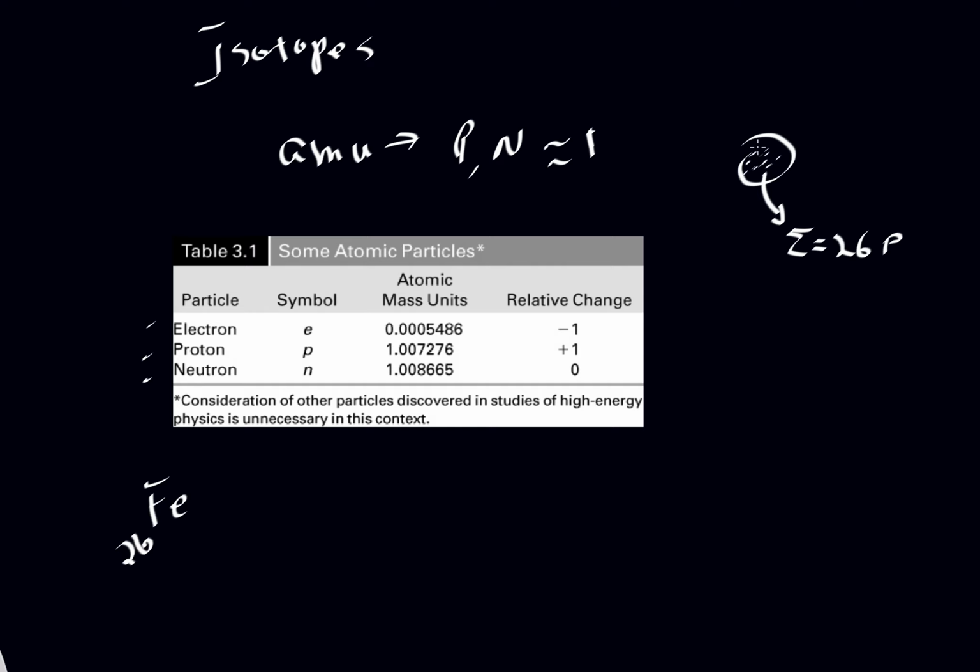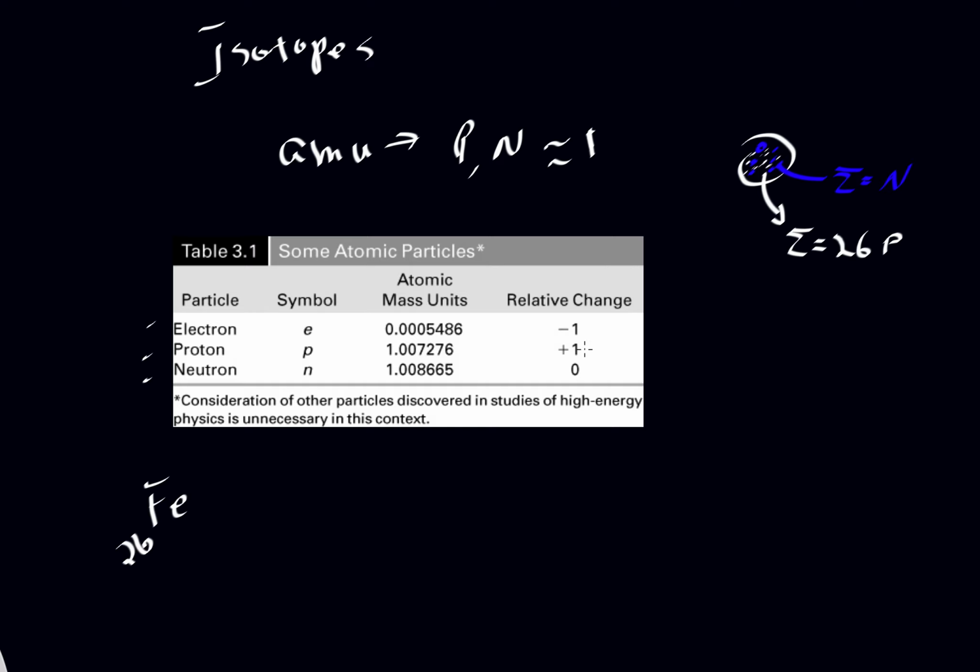On the other hand, if we have some number of neutrons here, it'll change the weight. That could change the weight of an element, but it's not really going to have any impact on the kind of element. It has zero impact on the kind of element. So the number of protons tells you what kind of element you have.